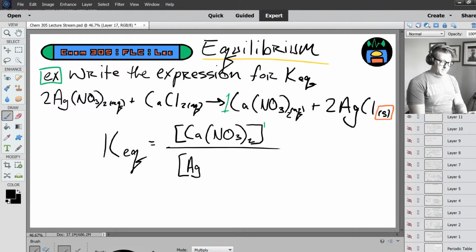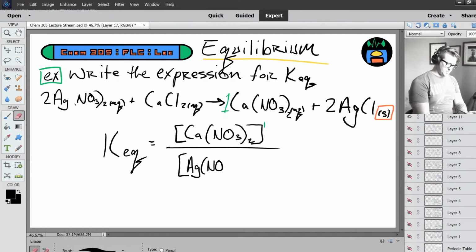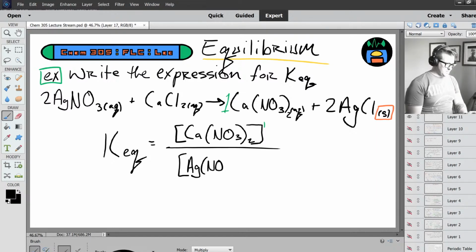On the reactant side, we have silver nitrate. Oh, whoops. Sorry, I wrote this wrong. This should just be AgNO3. There we go. And because this has a stoichiometric coefficient of 2, we square the concentration of silver nitrate, then multiply it by the concentration of calcium chloride.